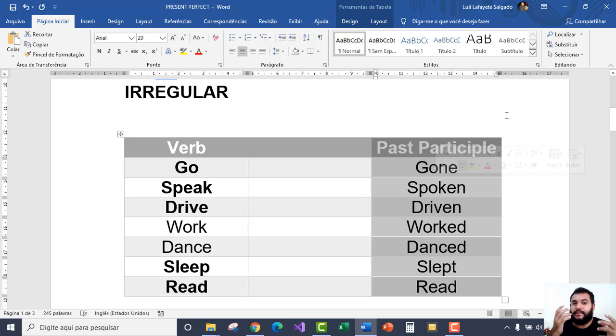So it's important to understand what the simple past was for us. We use the simple past in sentences when we talk about it, but now we are going to use another kind of sentence. Oh teacher, how do regular and irregular verbs work?